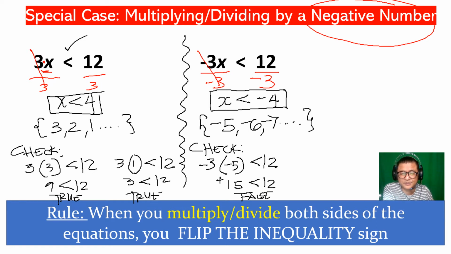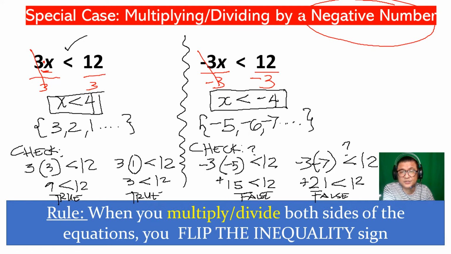Let's try another number. Negative 3 times negative 7. Is it less than 12? Question mark. So negative times negative is positive. That becomes positive 21. Is positive 21 less than 12? It's greater. So it's false.